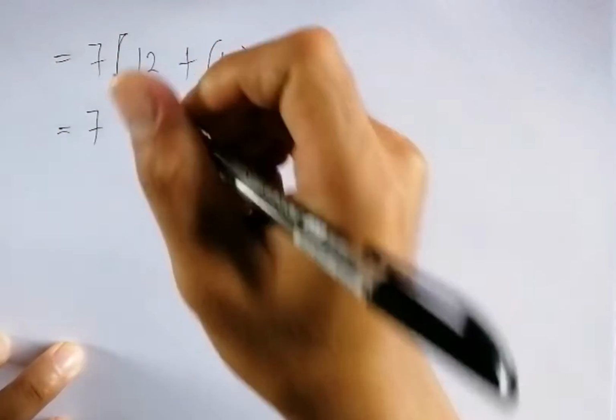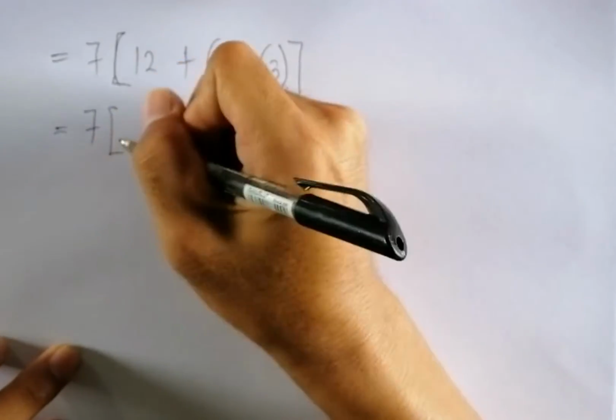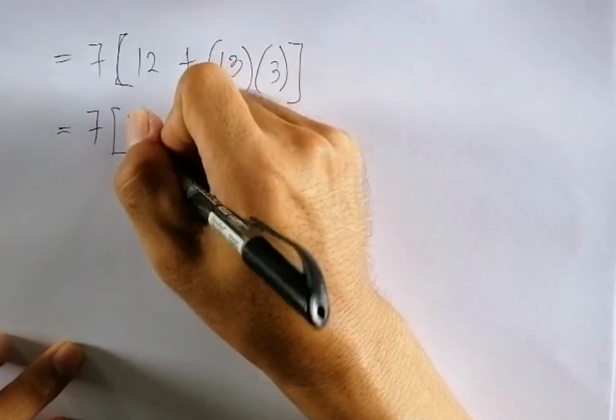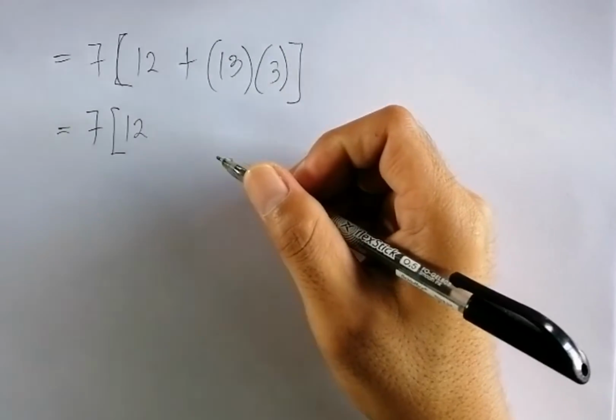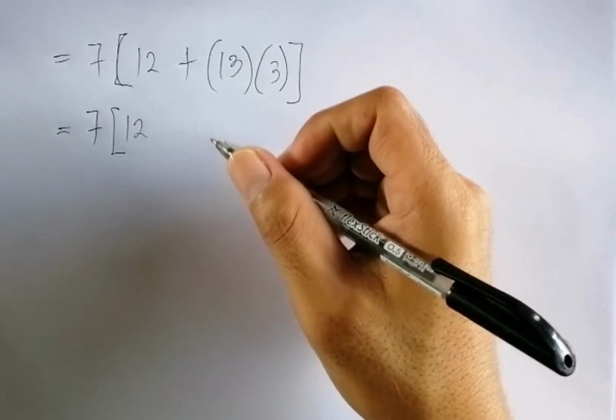So you have 7 times, we copy 12, and then simplify 13 times 3.